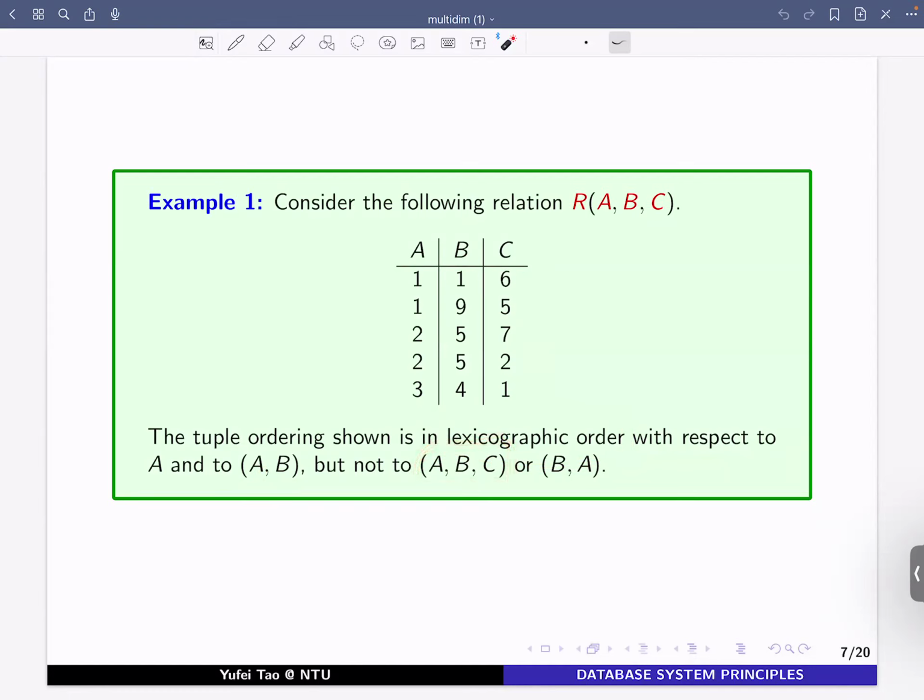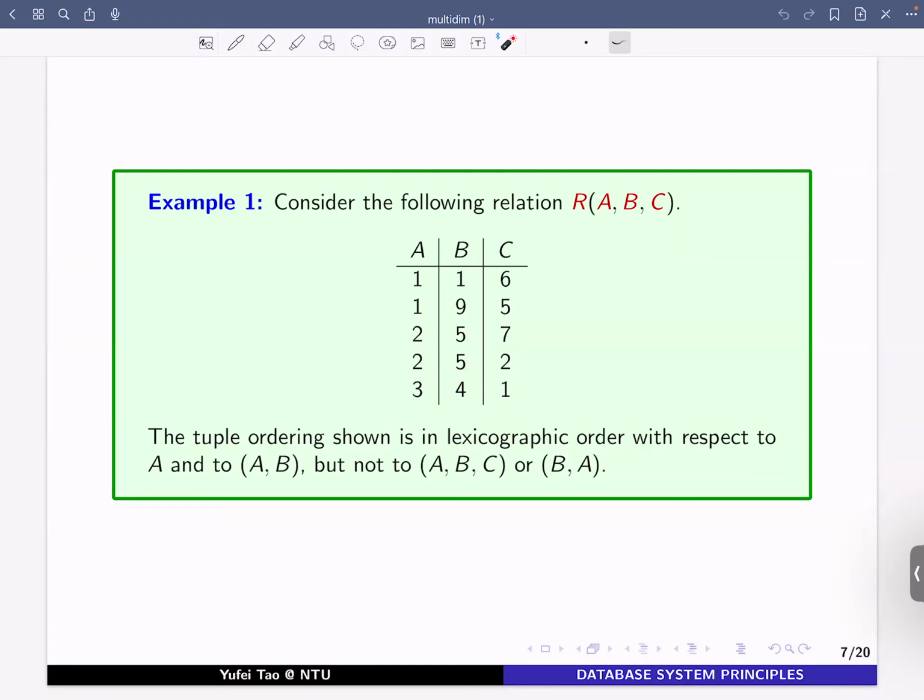Why? You can see a counterexample. For example, these two tuples, 257 and 252. They have the same A value, so the comparison proceeds to B, and they agree on B. They have the same value on B again.